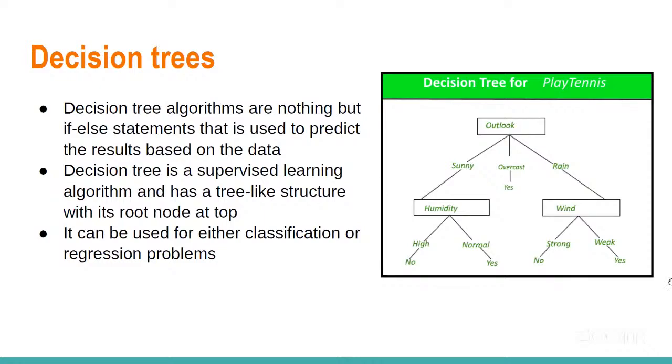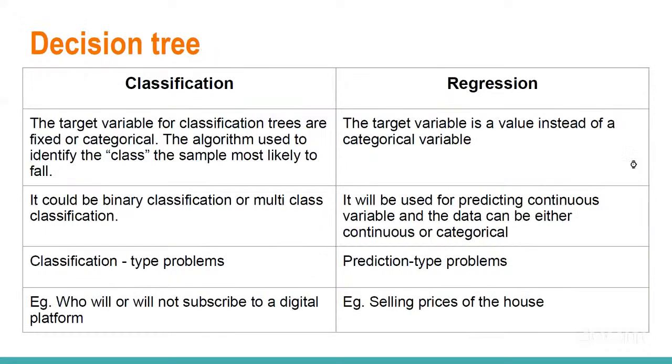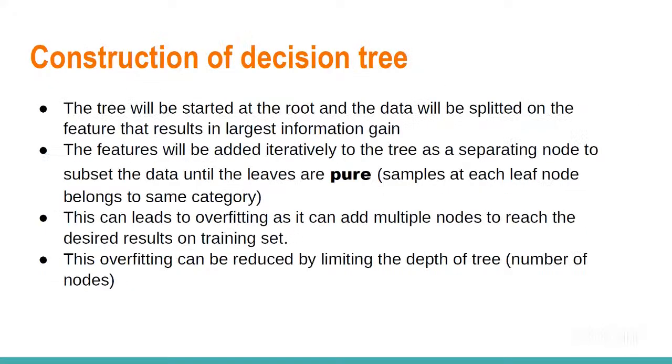Here you have to see that there is no yes, and here you have to see that there are no no's. It should be pure. Pure meaning, once I ask this question, all yes should be on one side, all no should be on the other side. That's what it means that the node is pure.